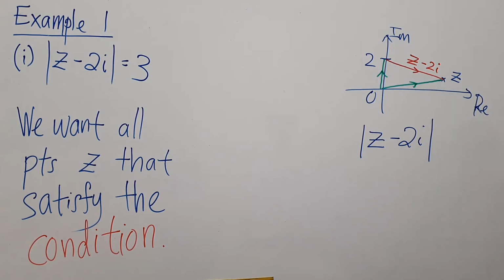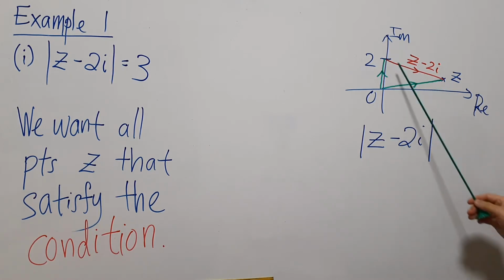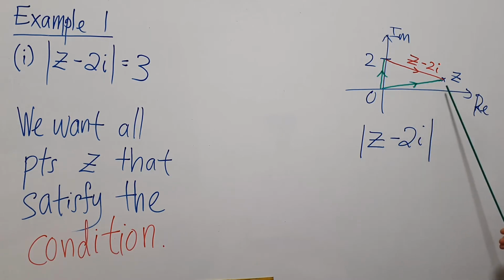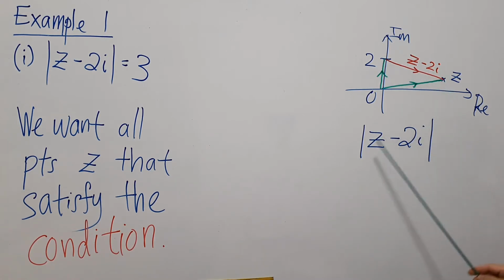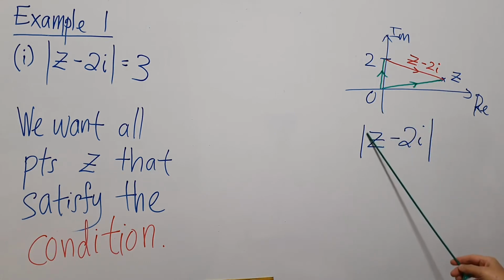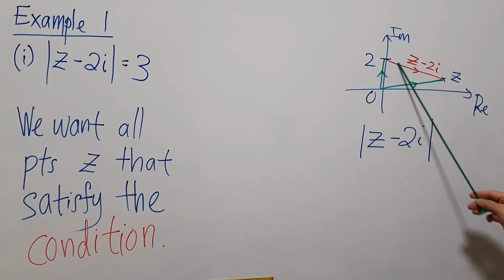And you realize that it is very much like a vector. It's true. In some textbooks, complex numbers on the Argand diagram are represented very much like vectors. But you don't have to. We can just represent the complex number 2i as just a dot if you choose to, and then a generic complex number z as just a dot, say here. But what's important is you want to know that if this is 2i and this is the complex number z, z minus 2i is simply this red complex number.